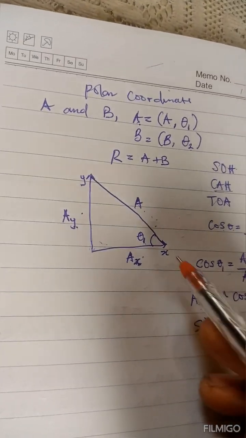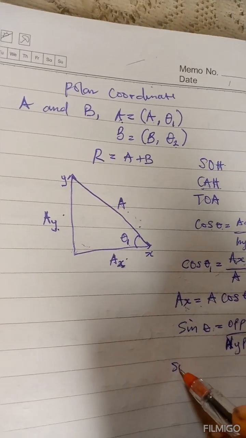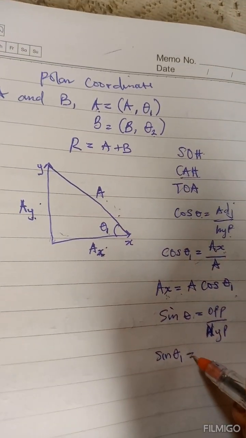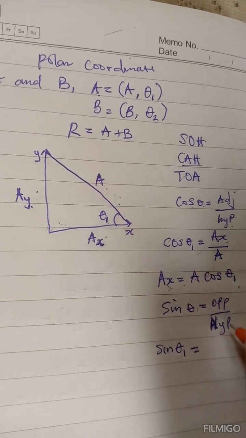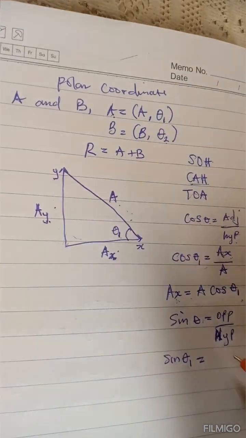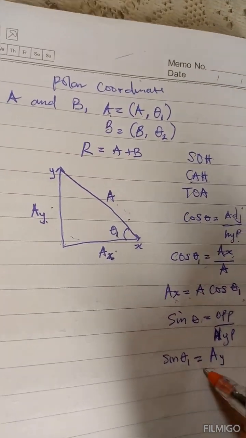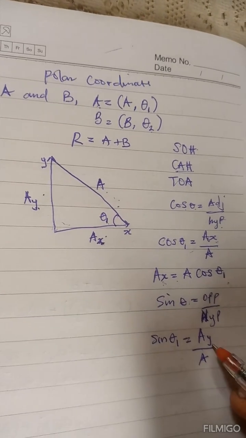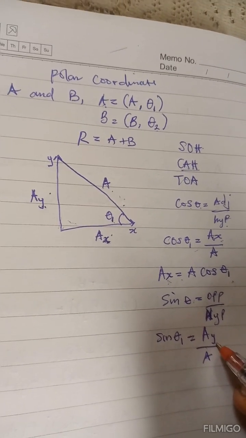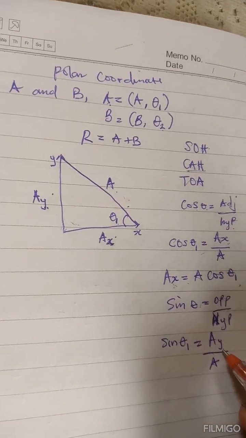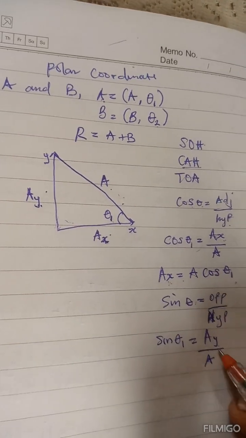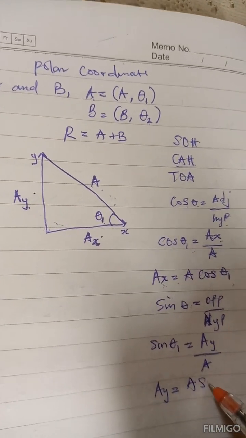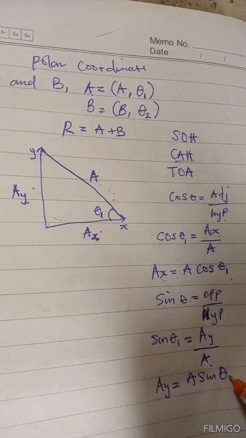So here I have sine theta 1, that's my angle, equal to the opposite, which is ay, over my hypotenuse, which is a. Remember that I'm trying to find ay, so I cross multiply and make ay the subject of the formula. So then I have ay equal a sine theta 1.